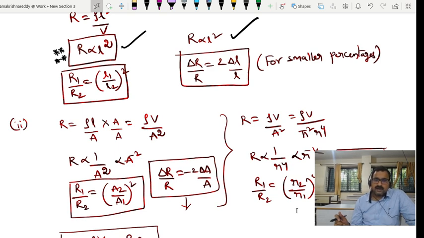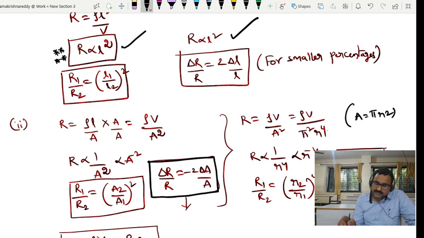Then R1 by R2 is equal to A2 divided by A1 whole square. Then what are you getting now from that? So rho V by A square, how can we write? Rho V divided by pi square R power 4, since area is equal to pi R square only. From this step onwards, see that. It means R is inversely proportional to R power 4, then R1 by R2 equal to R2 by R1 whole power 4.